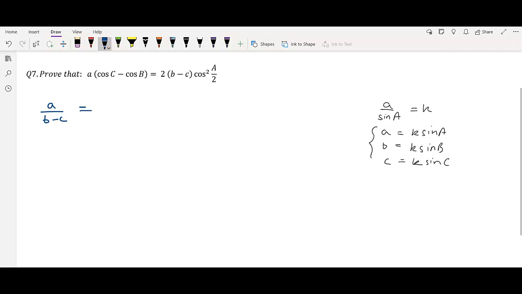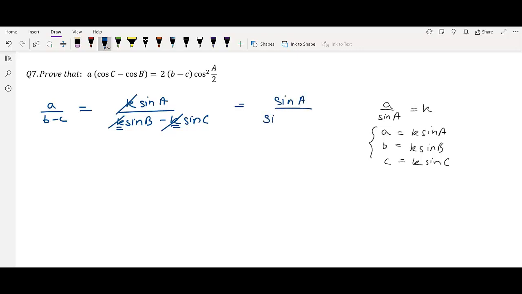So I get k sine a upon k sine b minus k sine c. Okay, now the k is common in the denominator. I can take that out and it will automatically cancel out with the k present in the numerator. Okay, so let me just cancel it straight away. I get sine a upon sine b minus sine c.